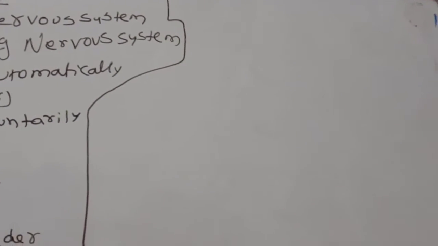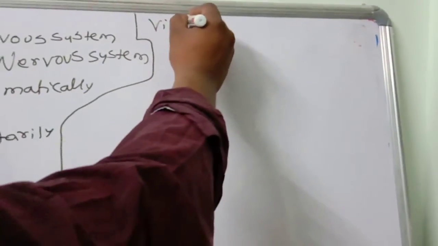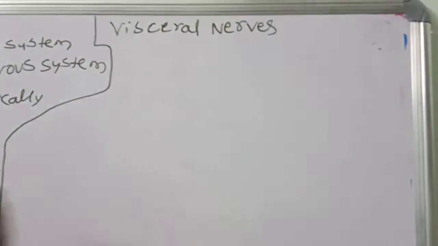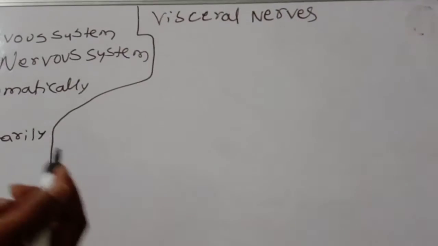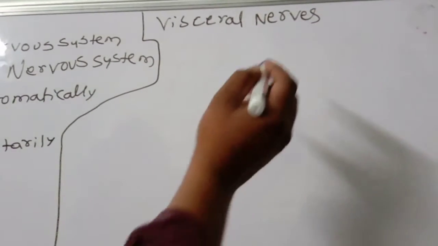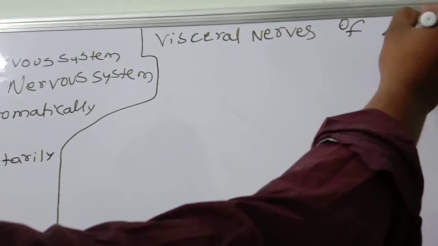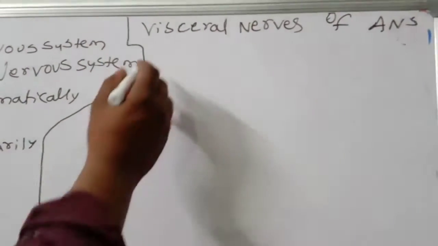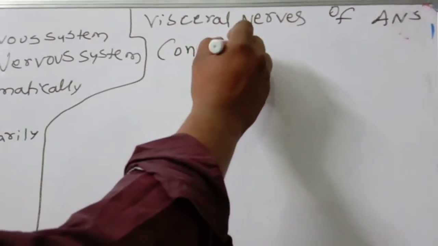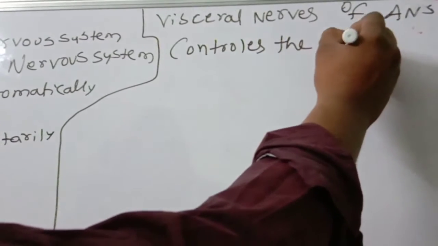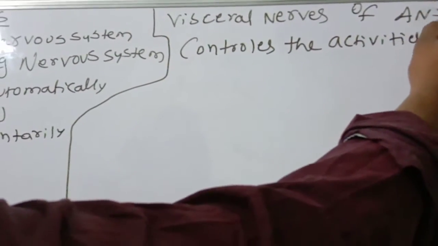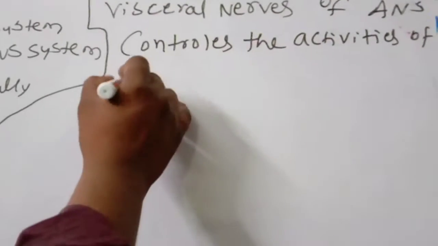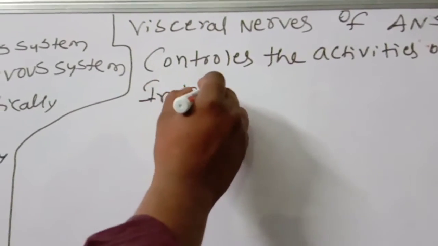The visceral nerves of the autonomic nervous system control the activities of internal organs.